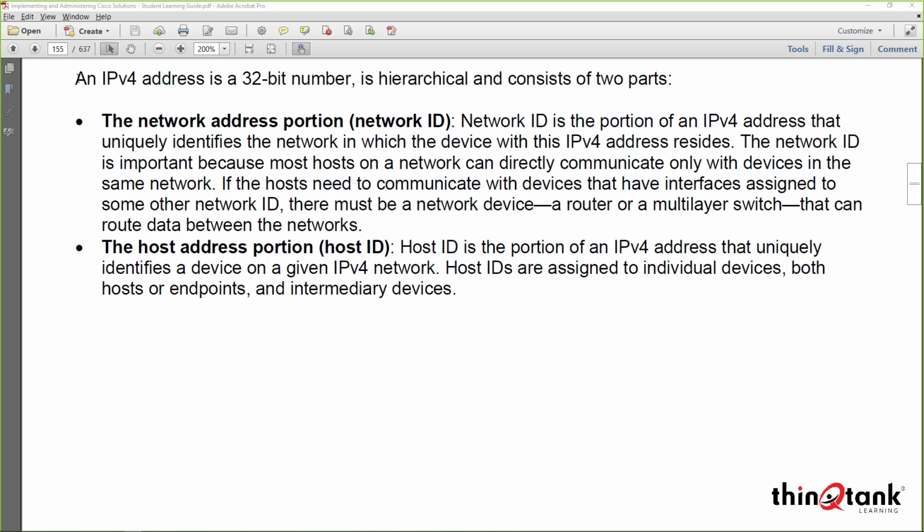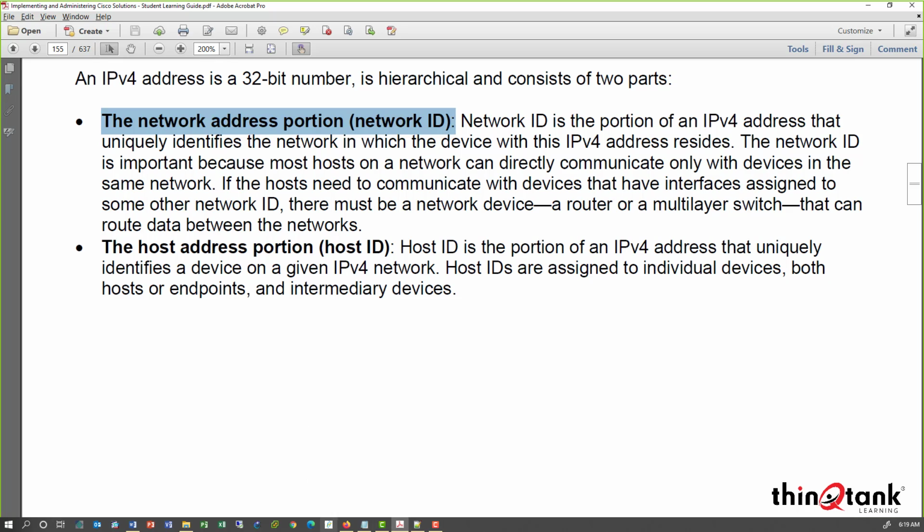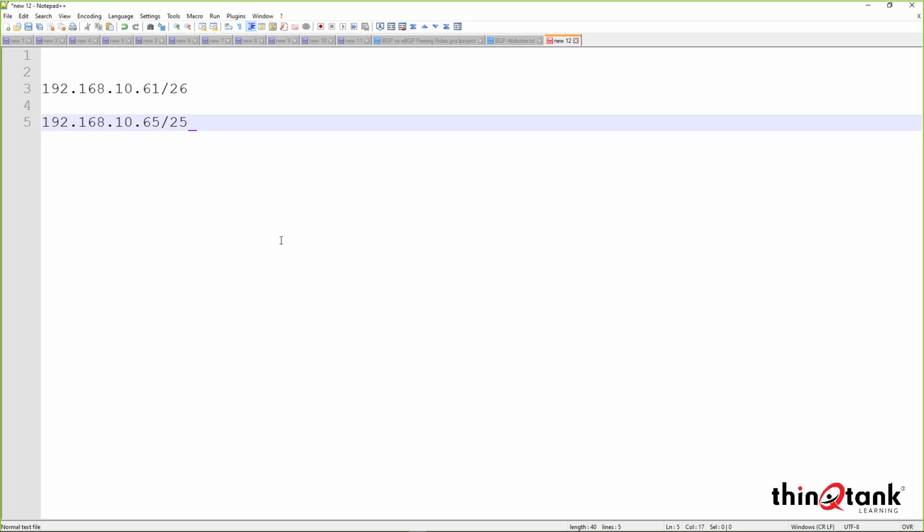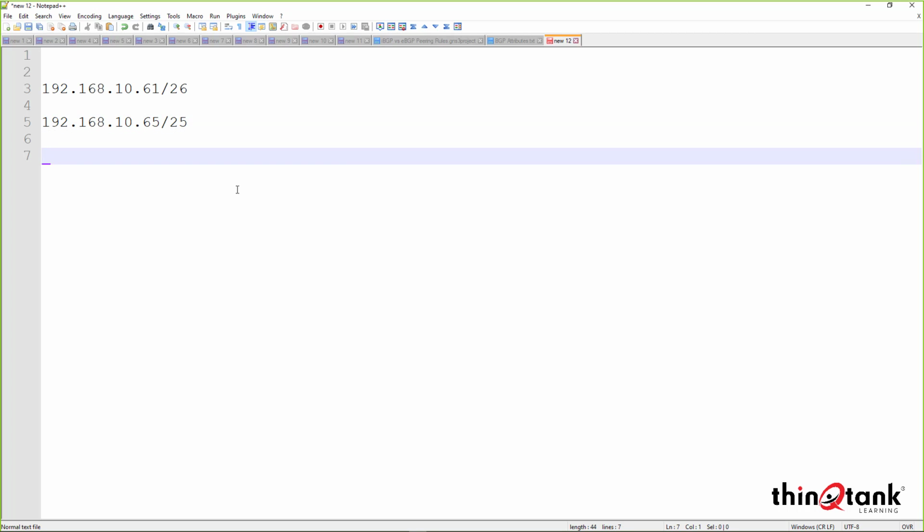All right, now in IPv4, there is a hierarchical concept. The subnetworks themselves have 2 specifically reserved addresses. One's called the network ID, the network portion of the address, and that is represented by the 1s in the subnet mask. Let's take this one as an example: 192.168.10.65/25.